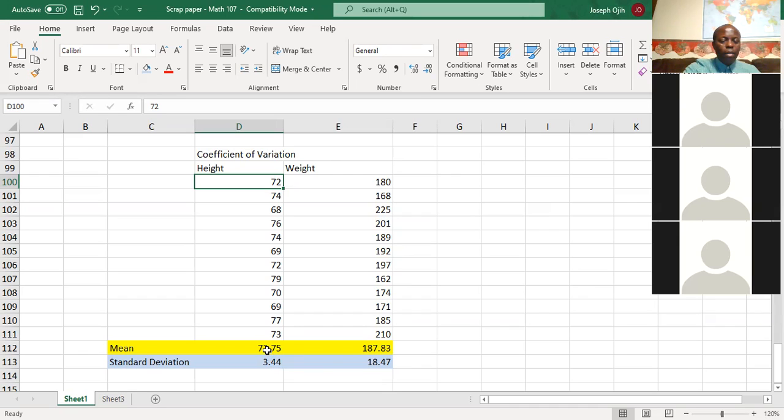Instead of showing me all the numbers that I typed before, like the 74, 68, the 72 repeated all the way down. I don't know what happened. The whole figures changed to 72. Then click on undo here. Click on undo, then repeat the process.